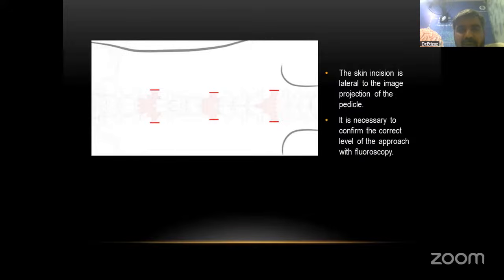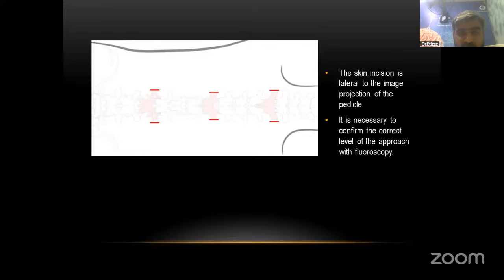When we talk about the percutaneous pedicle screw, the approach is the same as the standard approach for the thoracolumbar spine, though the trajectory and entry point are different. Otherwise, you can do the same procedure in the lumbar spine.